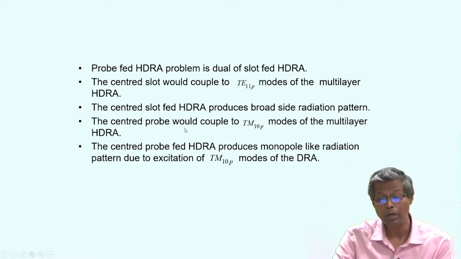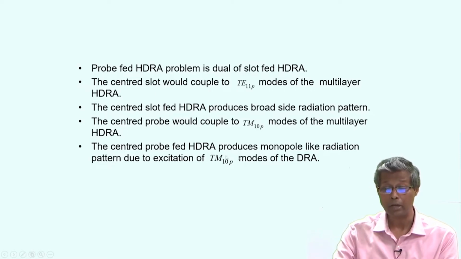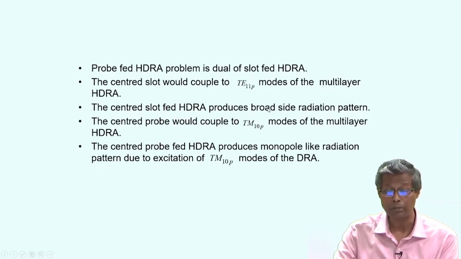The centered probe on the other hand would couple to TM10P modes of the multilayer HDRA, and the centered probe fed HDRA produces monopole like radiation pattern in contrast to the broadside pattern generated by the slot coupled HDRA.